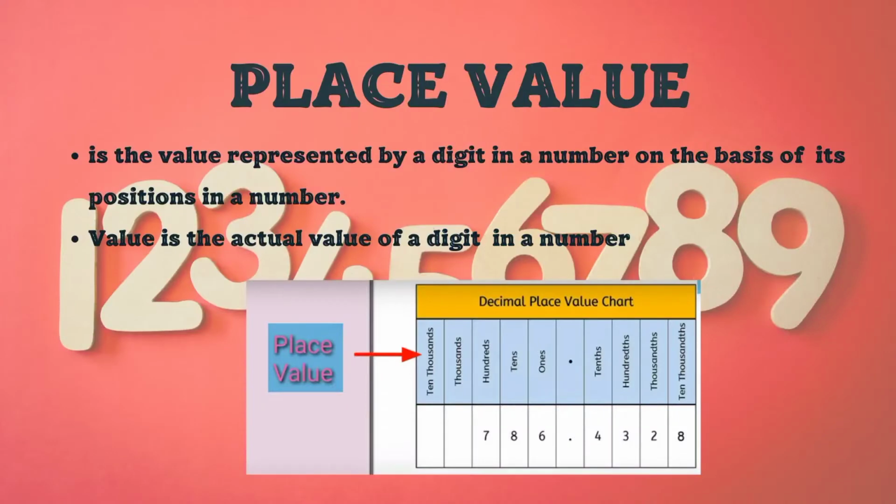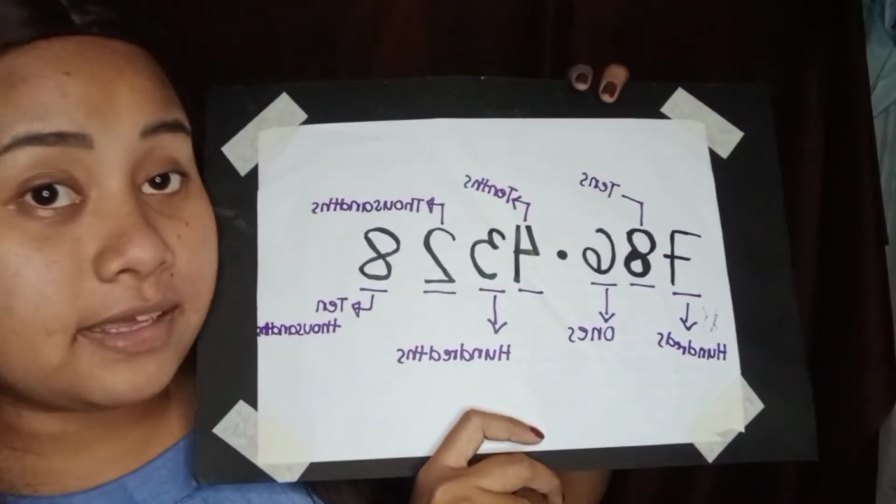A place value is represented by a digit in a number on the basis of its position in a number. A value is the actual value of a digit in a number. Now for example, let's take a look at this chart.